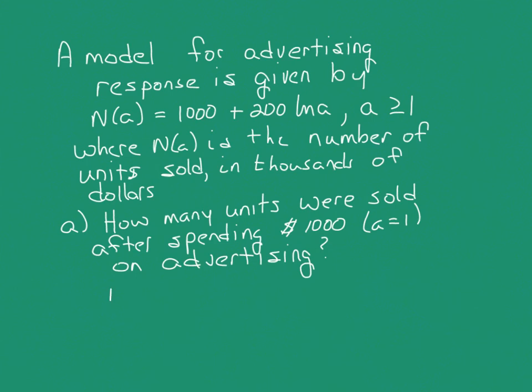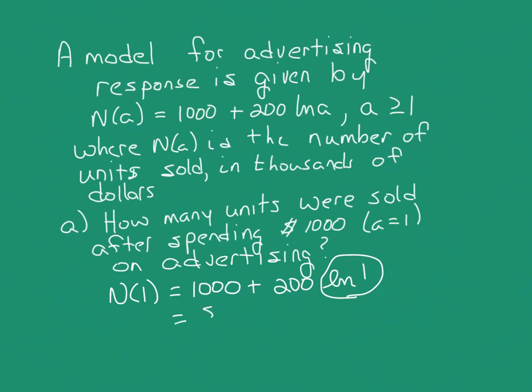Well, let's see what we can determine here. If A is 1, we're going to have 1,000 plus 200 times the natural log of 1. Now, what did we say about the natural log of 1? The natural log of 1 is always 0. So this is simply going to be 1,000 units.